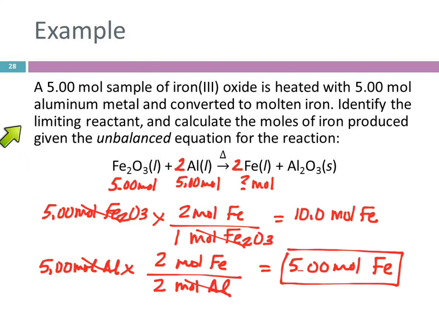This question is saying identify the limiting reactant and calculate the moles of iron. If I just wrote this out, have I answered the questions? No. This is all the work necessary. Now just finish it. So this is the amount of product.